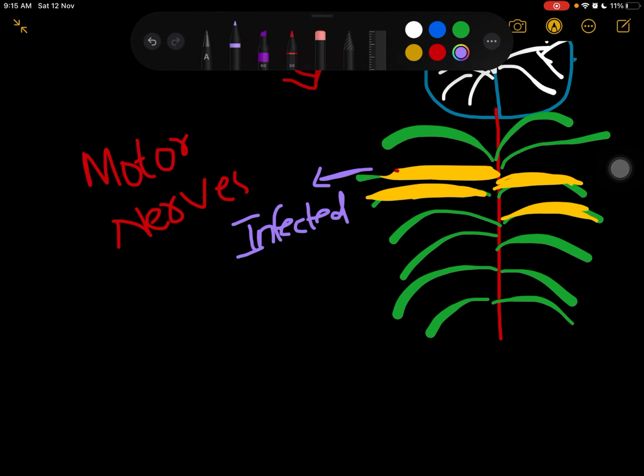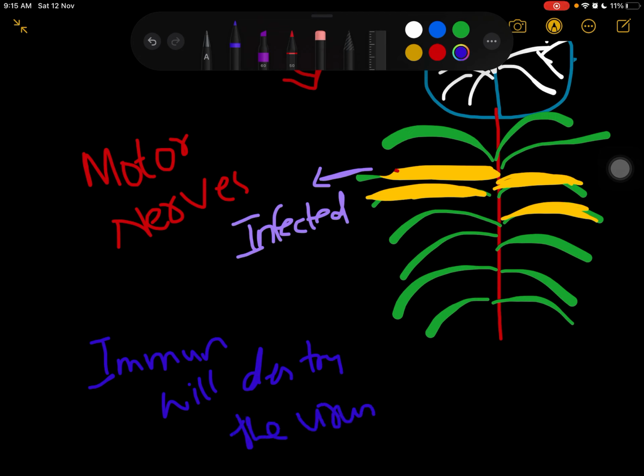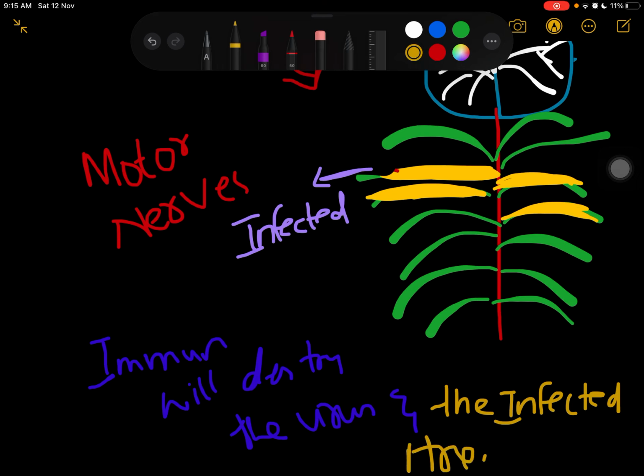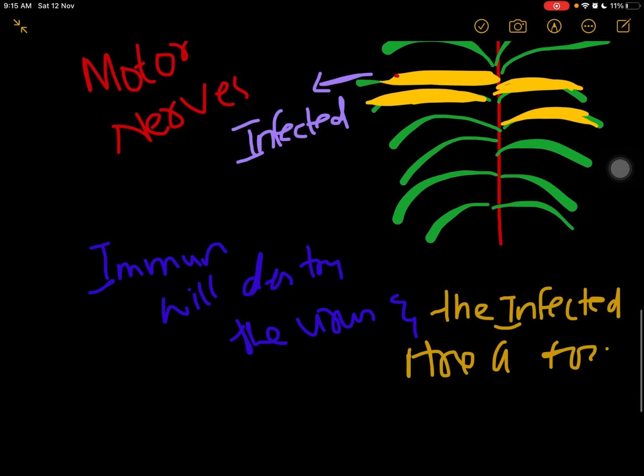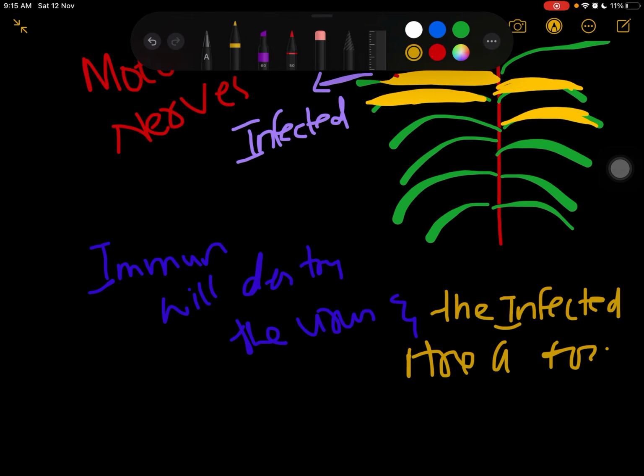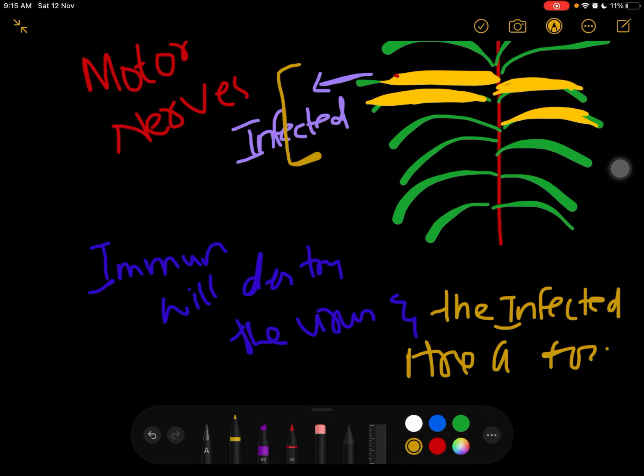So our immune system will try to destroy the virus and the infected areas too, from where the virus has infected the nerves, it will try to kill that too. So you can see it has infected these both, and now our immune system will destroy this.